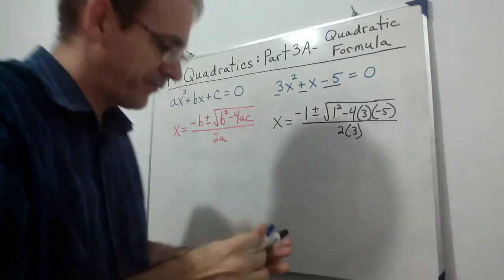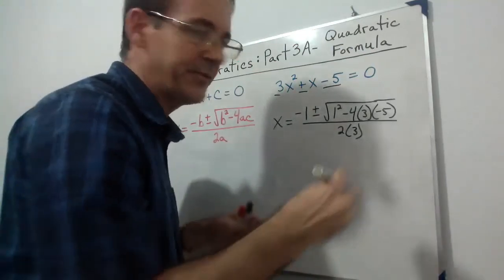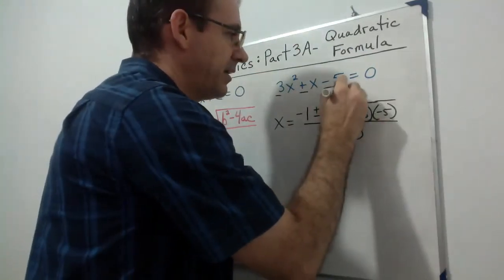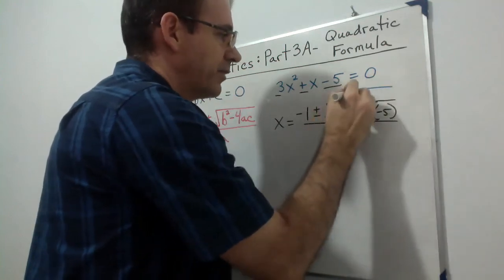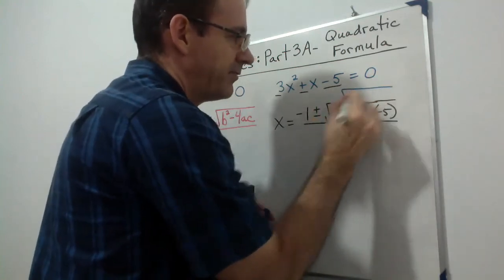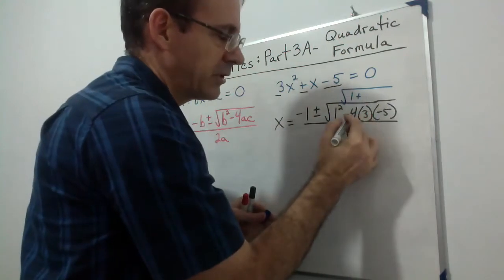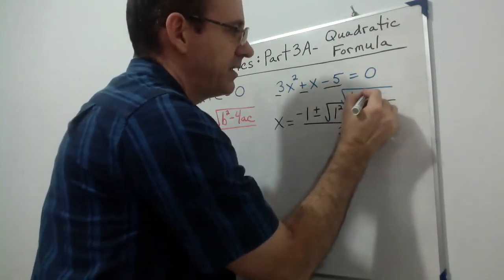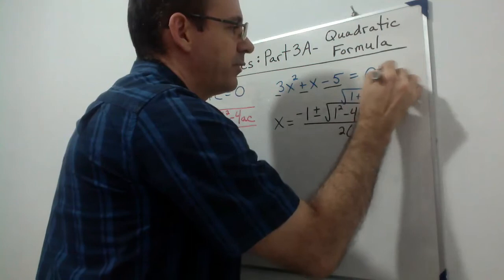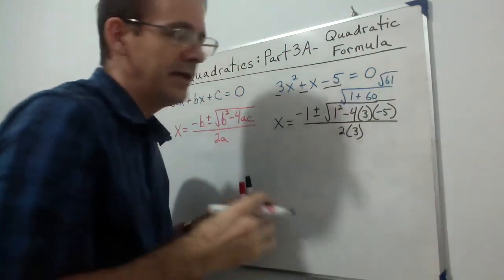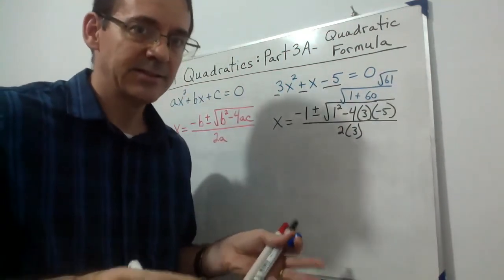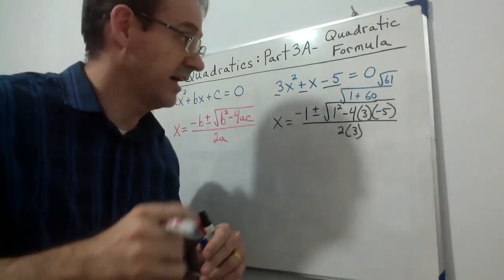So just like before, I'm going to simplify this radical part just up here, so I have a little space. 1 squared is 1, negative times negative is positive, 3 times 4 is 12, times 5 is 60, so we end up with root 61, which does not come out of the radical sign.